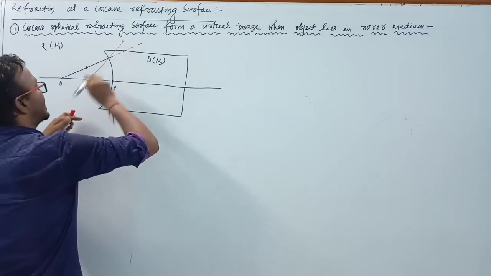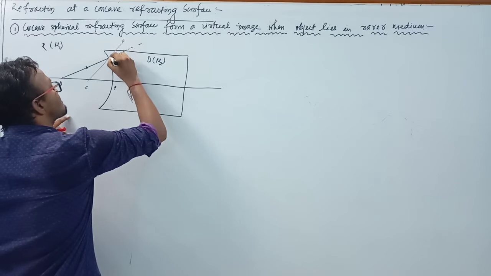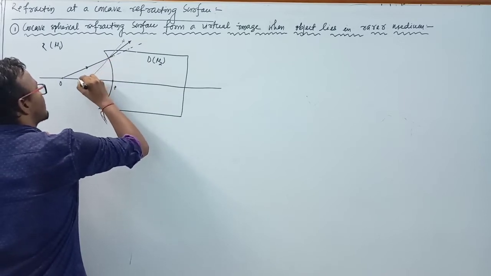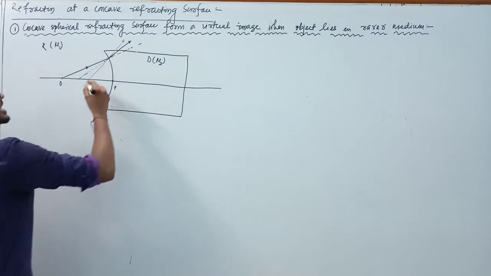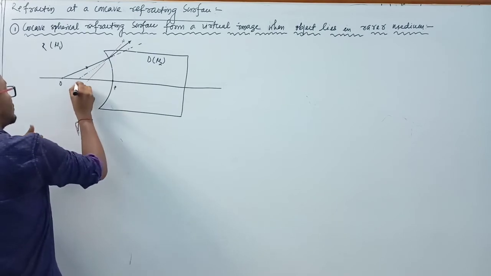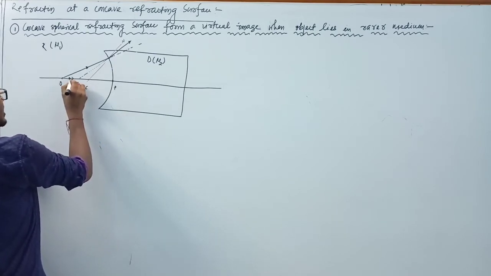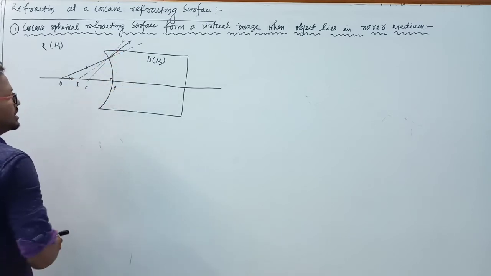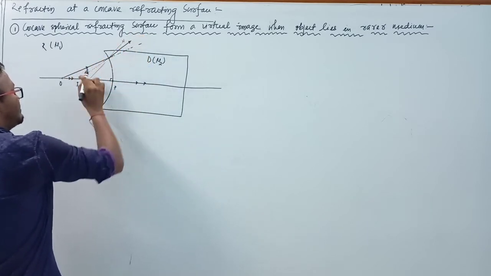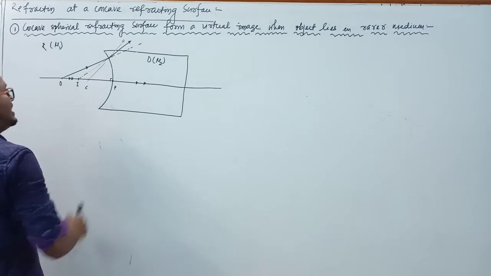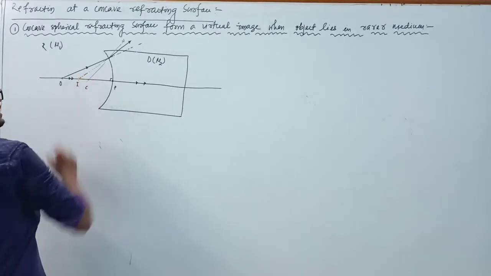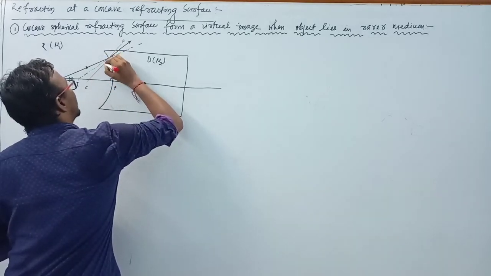So this is the direction of the refracted ray, which appears to meet at this point I. If we incident another ray perpendicular to the aperture, it passes on undeviated, and this is the refracted ray. This is the normal, this direction.